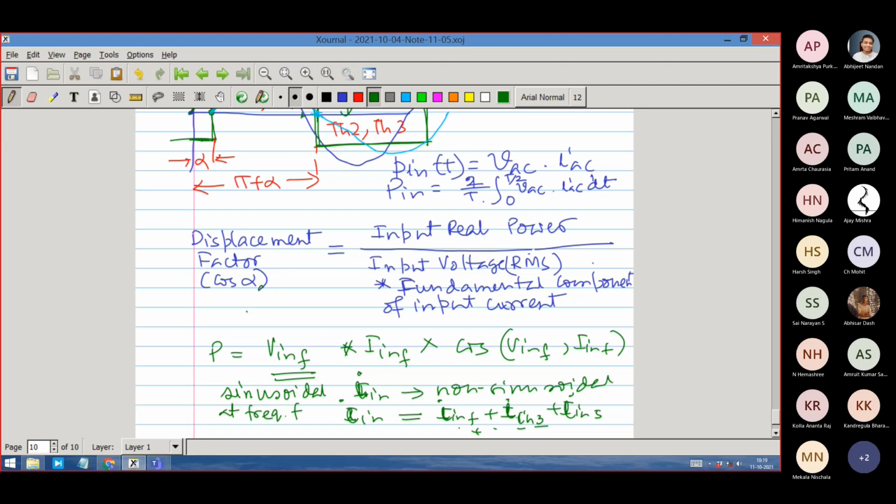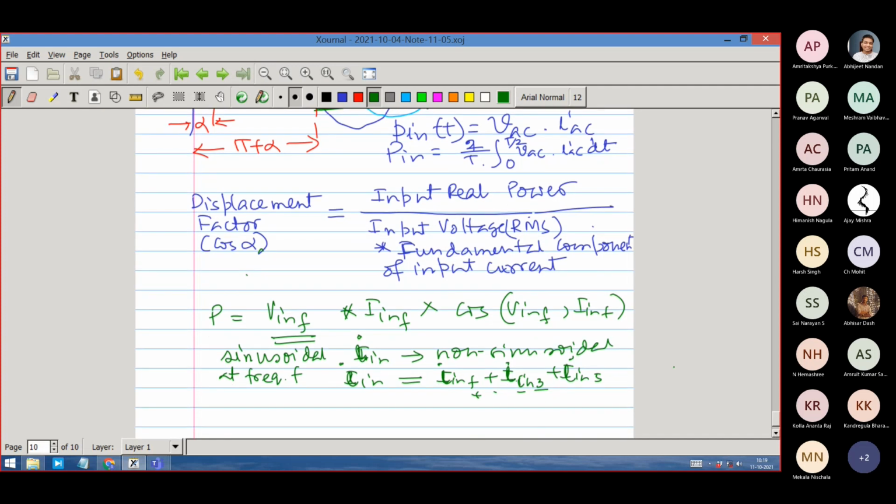Small i will be expressed as root 2 I in fundamental sine of omega t. For the third harmonic, I will write root 2 I in suffix 3 sine of 3 omega t plus some angle alpha in general. However, all those higher harmonic components will not matter in the power equation.